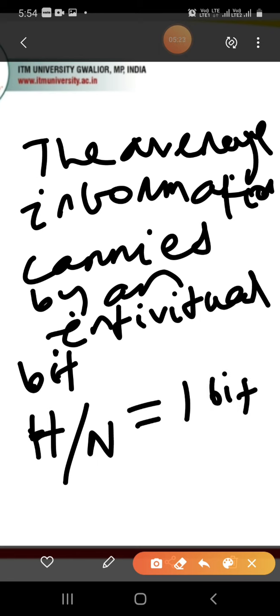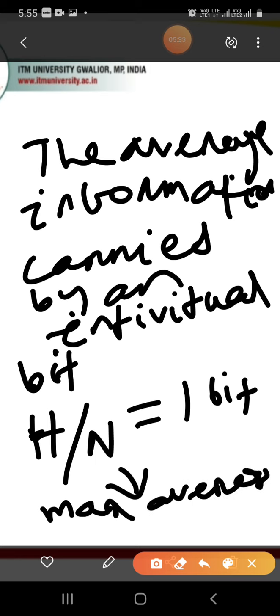So this is the maximum average information per bit.